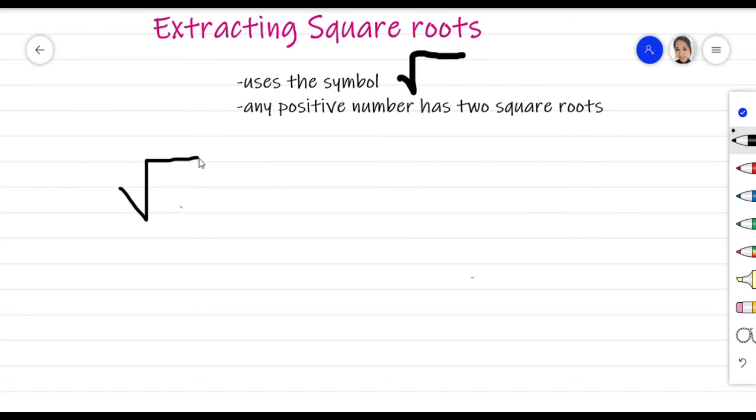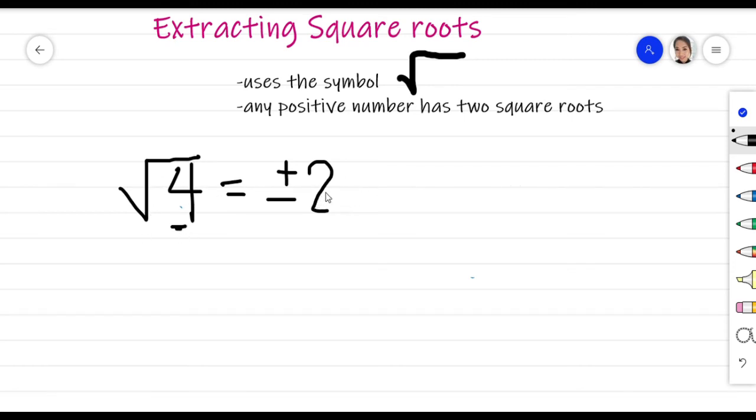square root of, let's say 4. Now, square root of 4 is equivalent to positive 2 and negative 2. Why? Let's put it this way. If you want to find the square root of 4, meaning you want to know a number where if you square that number, the result would be 4.